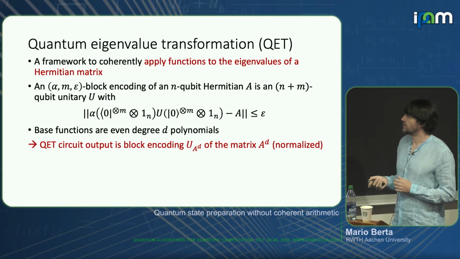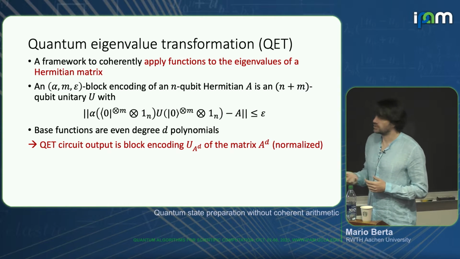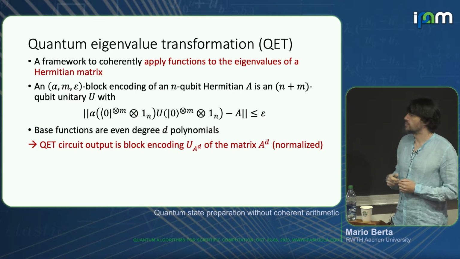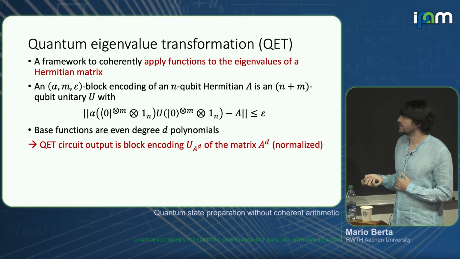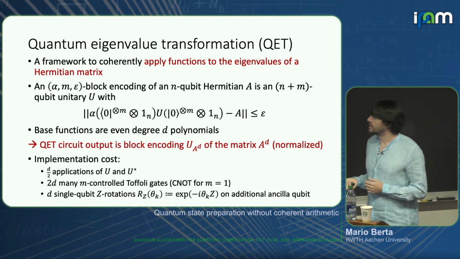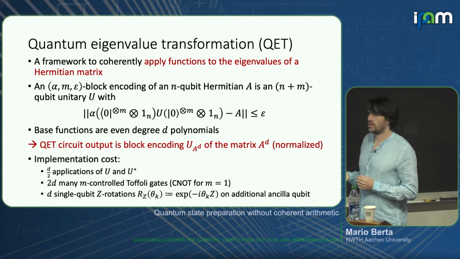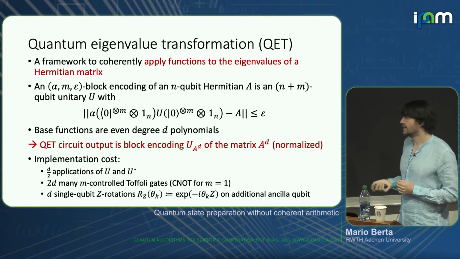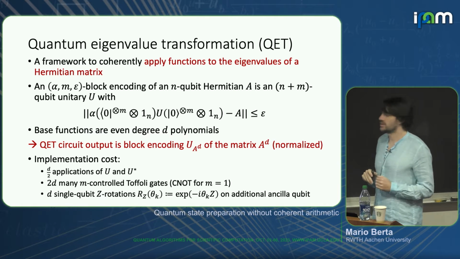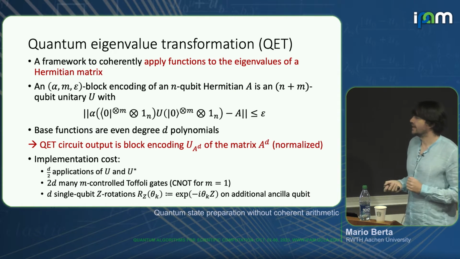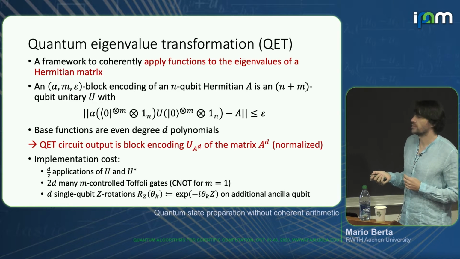The idea here is that you can do transformations for general functions, and you do this via polynomial approximations, and the even degree case is the simplest. I think I have a circuit also on the next slide, but the important part about the implementation cost is that it uses very few ancillas, a very small constant number, plus the gate cost is basically proportional to the degree of the polynomial you look at.